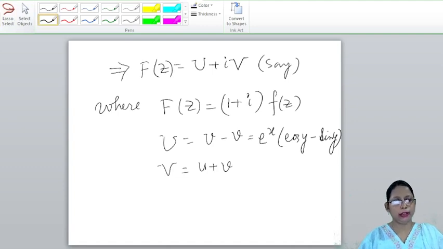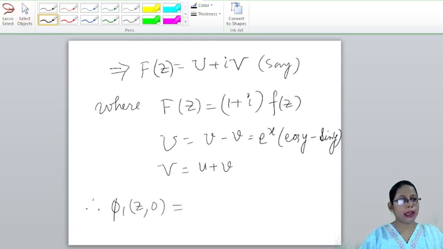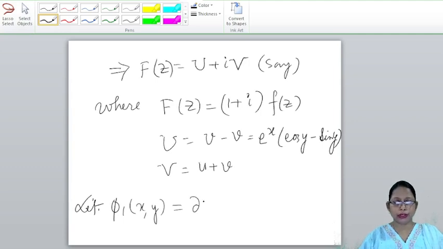You are asked to find f(z) in terms of z. Therefore, consider this. Let phi 1 (x, y) be del capital U by del x, not small u.